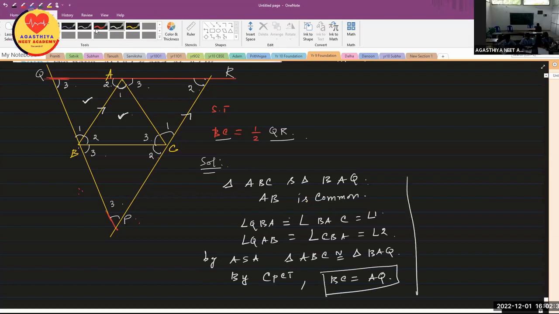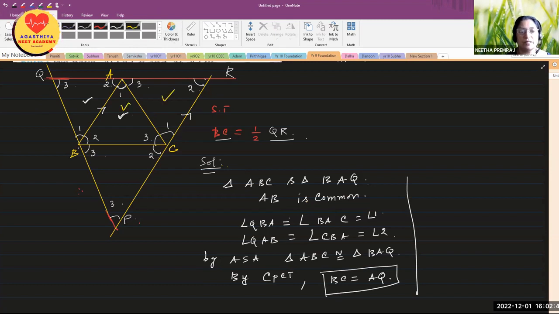Similarly, now you take this triangle and this triangle, in the same way, triangle ABC and triangle CRA. AC is common.